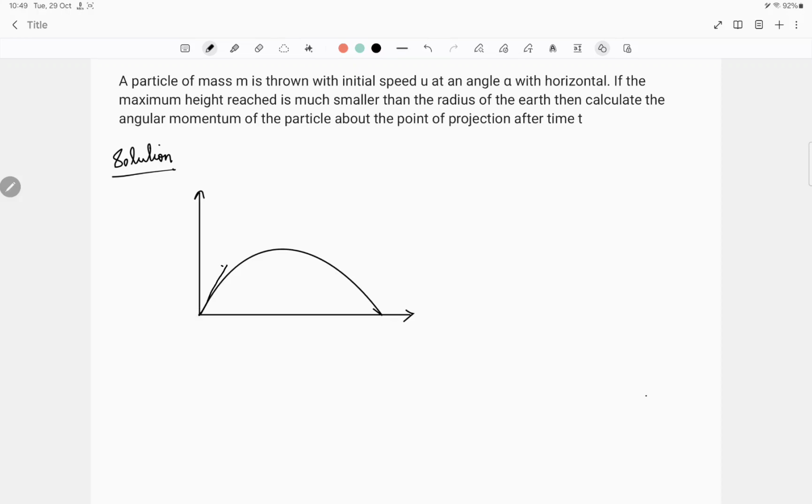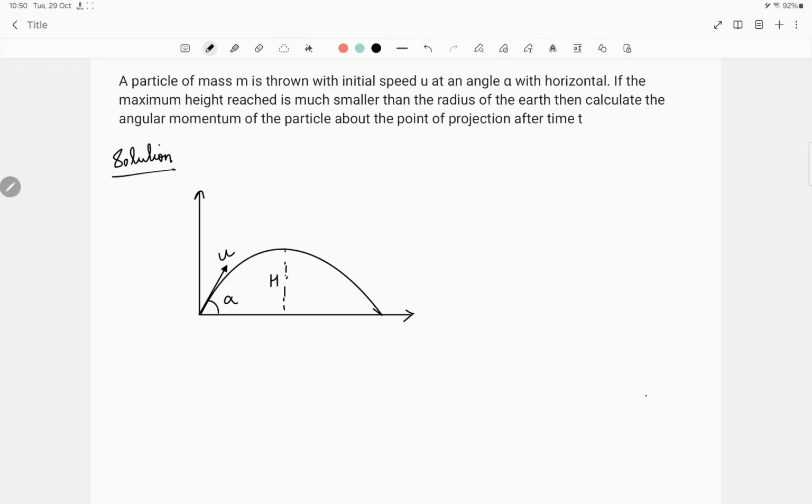Let it make an angle alpha with horizontal with initial speed u. A particle of mass m is thrown with initial speed u, making an angle alpha with horizontal. Let this be the maximum height reached, h.